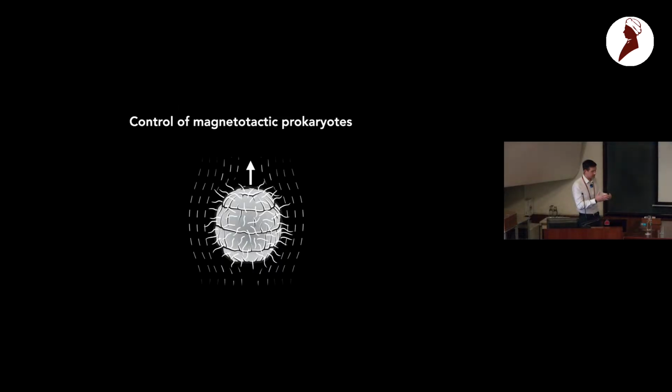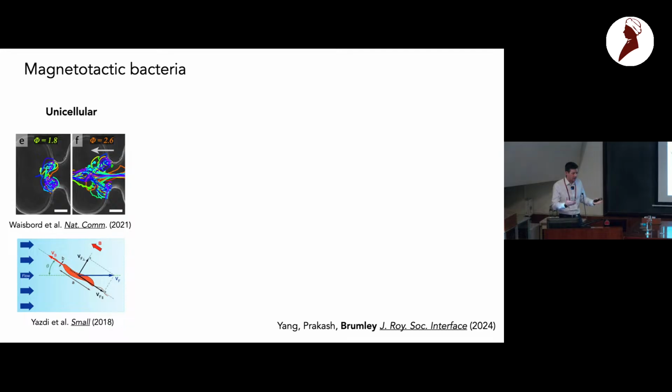But what I'm going to do, first of all, is introduce this organism, okay, and the background. So we have this organism, magnetotactic prokaryotes, okay? Now these are a class of microswimmers that create and build a magnetic compass needle within their cell body. This has been well understood for unicellular organisms for a few decades now.